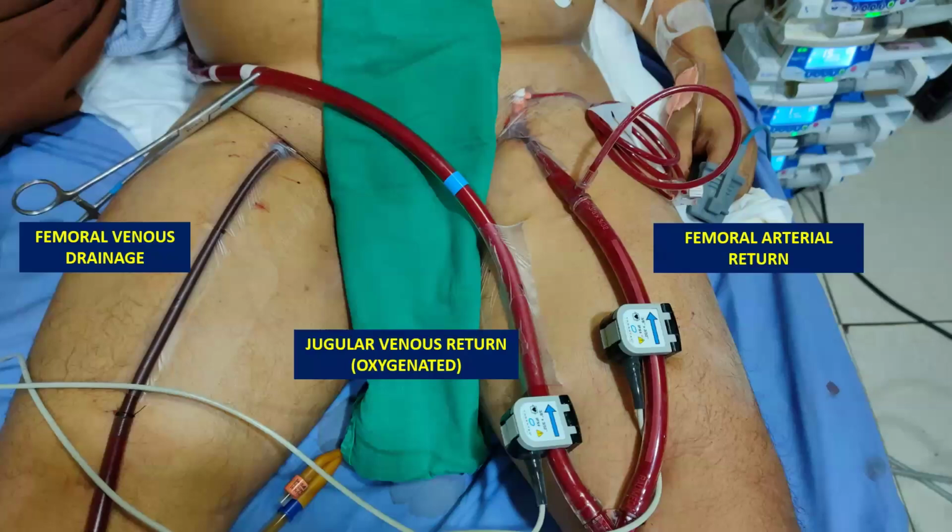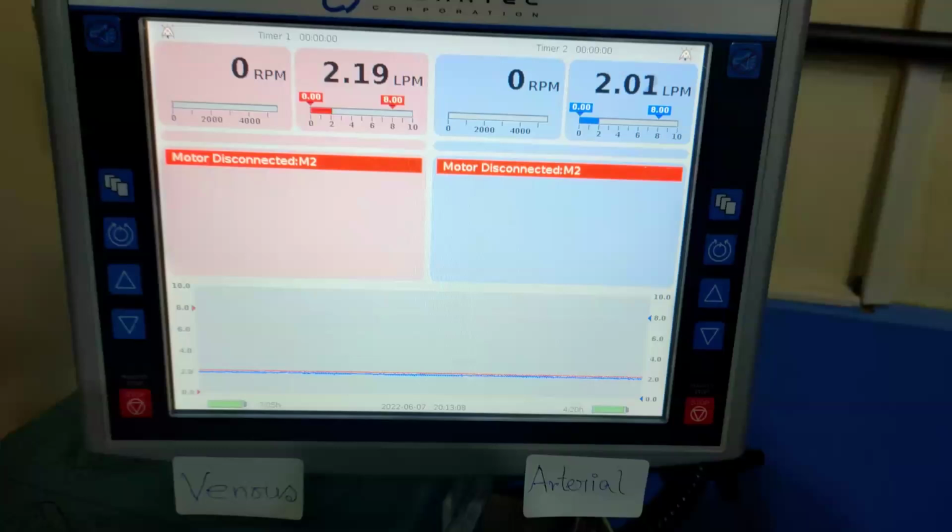And how do we know how much flow is going in the two parts? We can connect flow meters and see what is in each limb, and accordingly we have to calculate the flow. Also see that we have a clamp in the venous line.